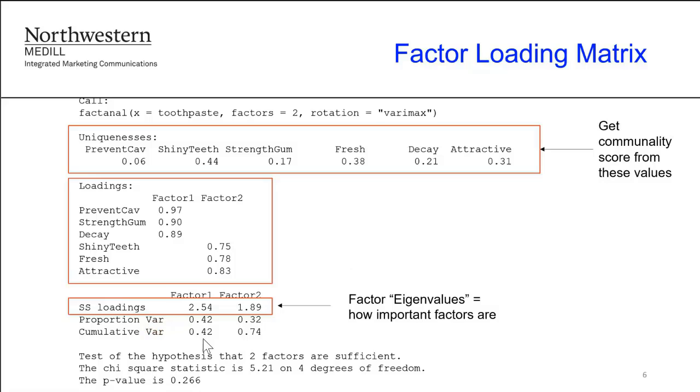The cumulative variance we can use to decide the number of factors as well. To compute this cumulative variance, you add the proportion variances for factor 1 and factor 2, and that is the cumulative variance up to factor 2.